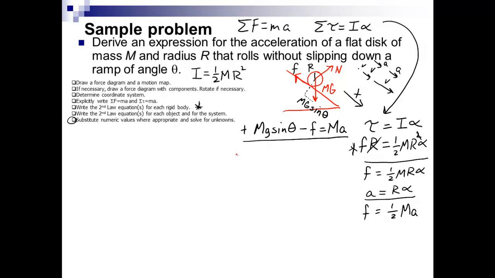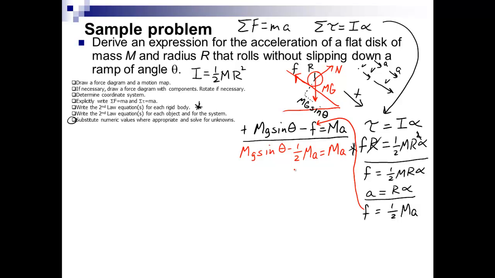Over on this other side, I know that because this F is equal to 1/2 ma, I can plug that into this equation there, and I would end up with mg sine theta minus 1/2 ma is equal to ma.